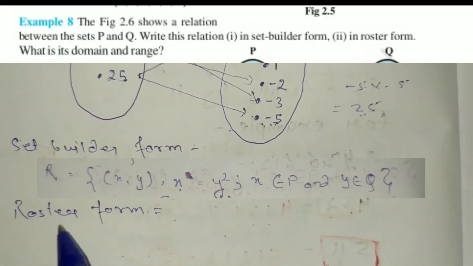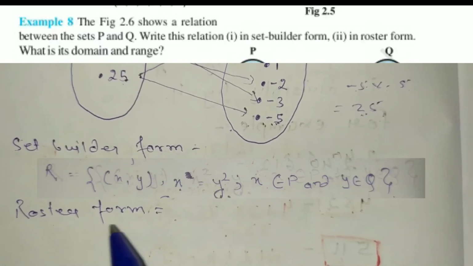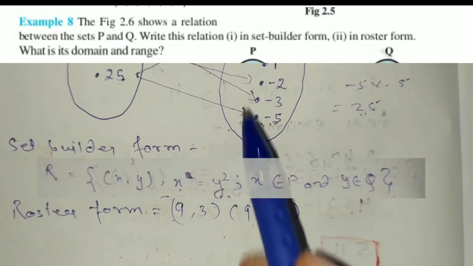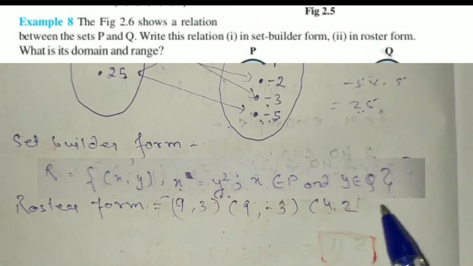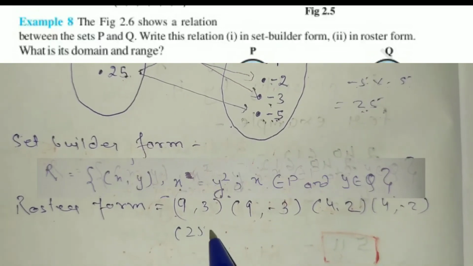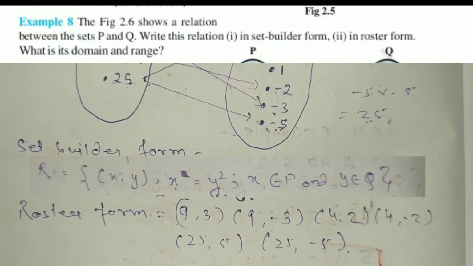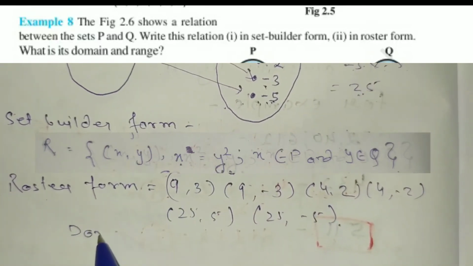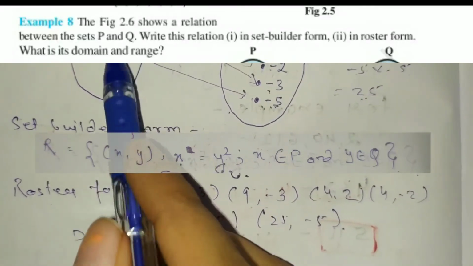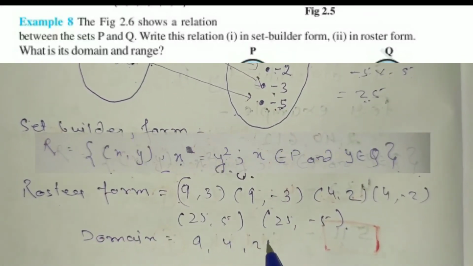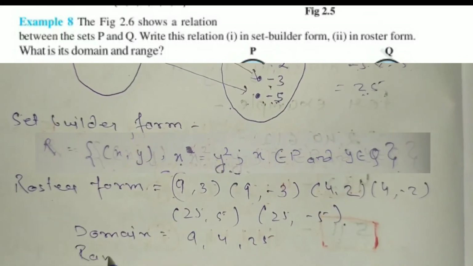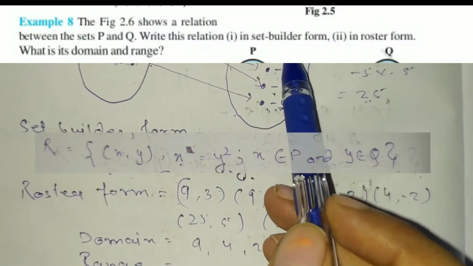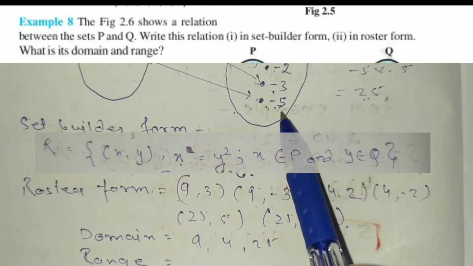So our relation in roster form will be equal to (9, 3), (9, minus 3), (4, 2), (4, minus 2), (25, 5), (25, minus 5), and here the domain is 9, 4 and 25 and the range is 5, 3, 2, minus 2, minus 3, minus 5.